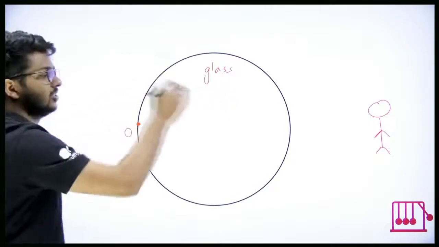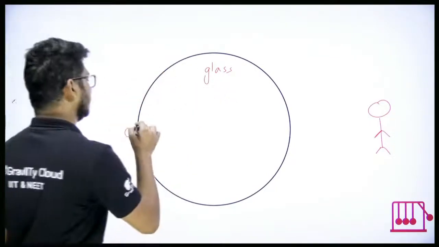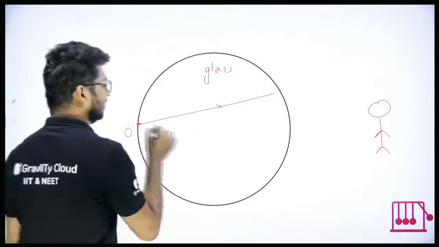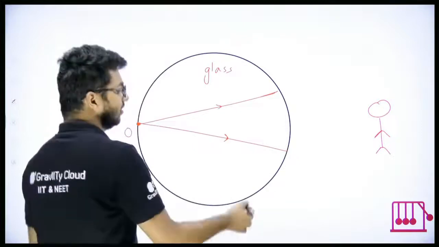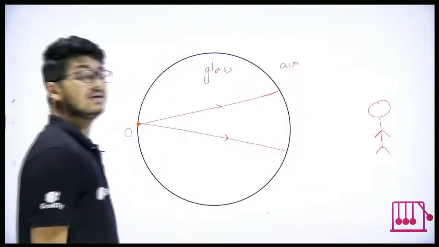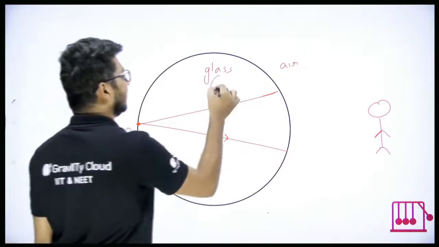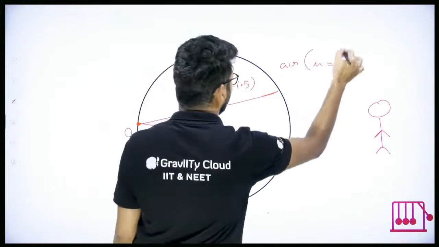That means there is someone here. That observer is watching it. So how will he watch it, or how will the rays go to him? First, these are the incident rays. Now they are incident on this boundary, the boundary between glass and air. For glass, the refractive index is given as 1.5. For air, the refractive index will be 1.